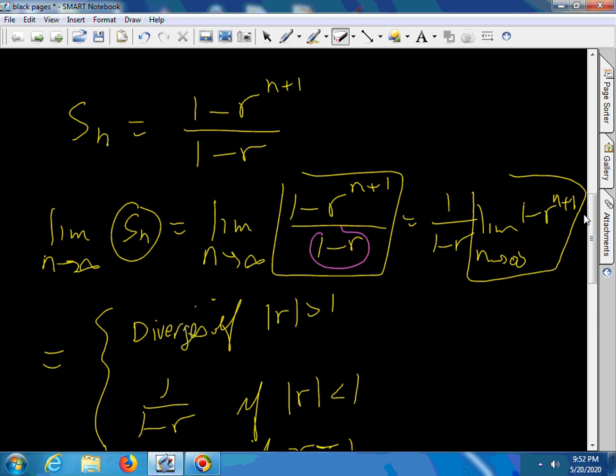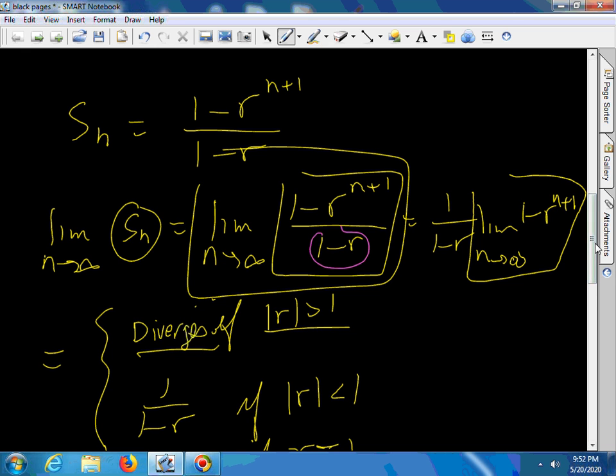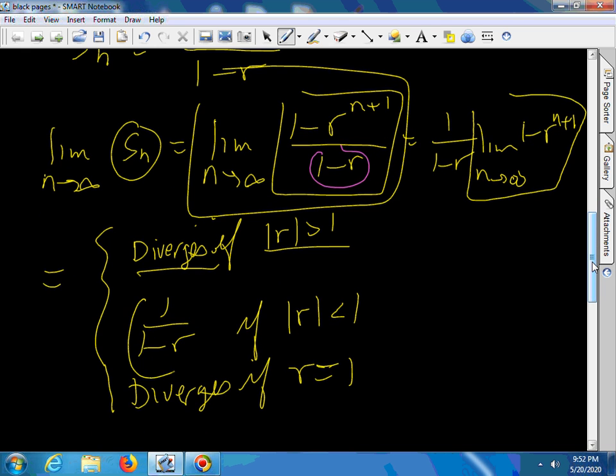This limit right here diverges when r in absolute value is bigger than 1. It equals 1 over 1 minus r if r in absolute value is less than 1. And it clearly diverges when r is 1. It's 1 plus 1 plus 1 plus 1 plus 1, etc. It diverges.